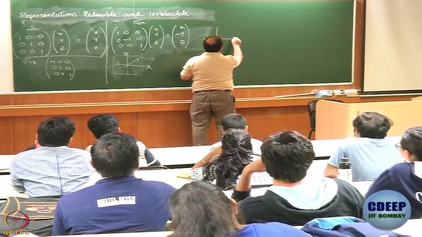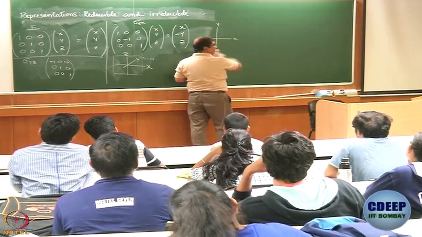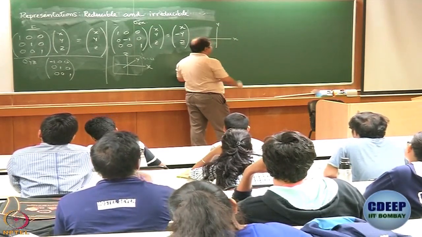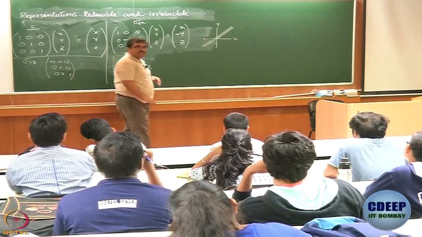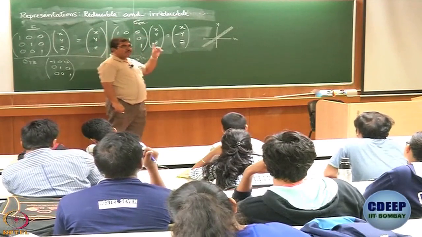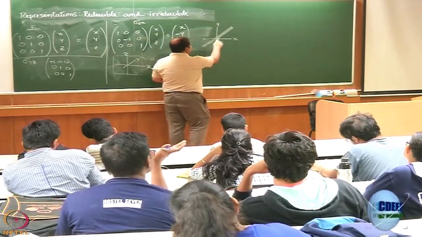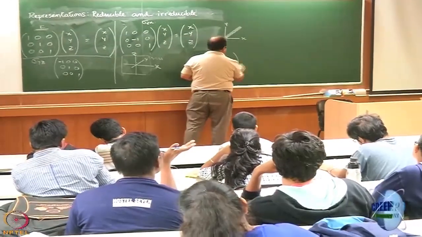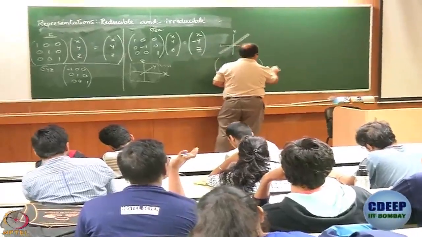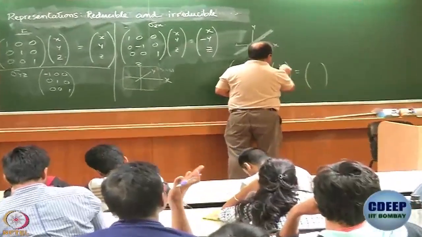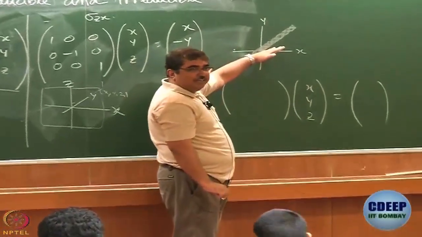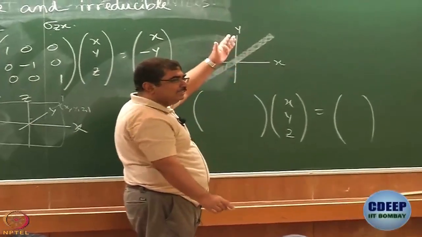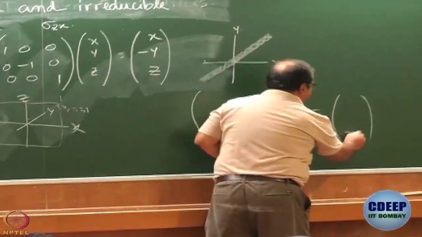Okay, now I will draw it in this way. This is x, this is y. Let us talk about this plane, say at 45 degrees. If you perform a reflection with respect to this plane, then what happens? x, y, z. First of all, z does not change, z remains z.